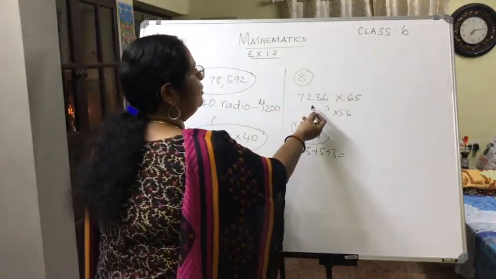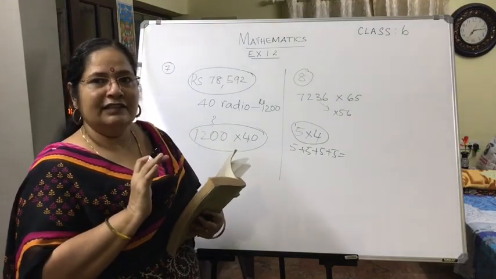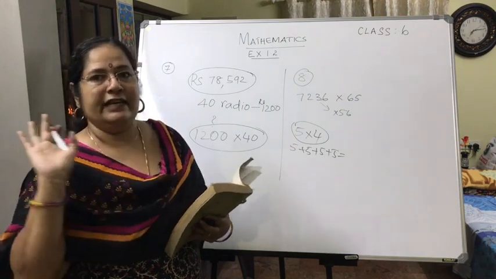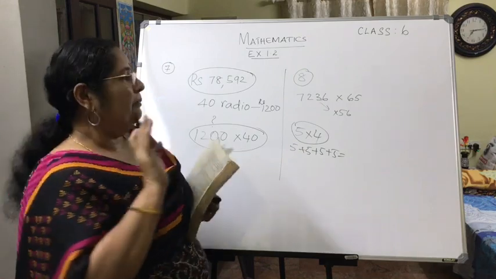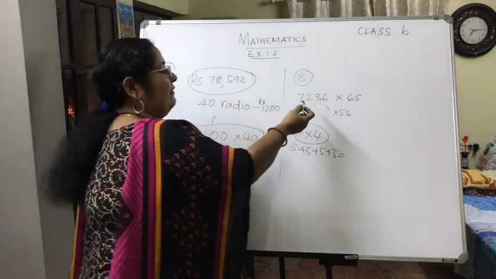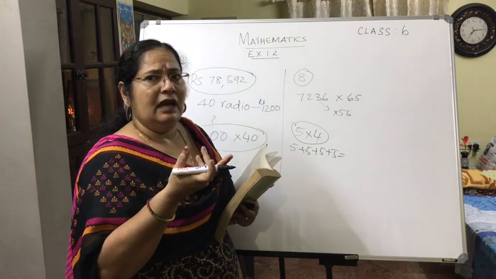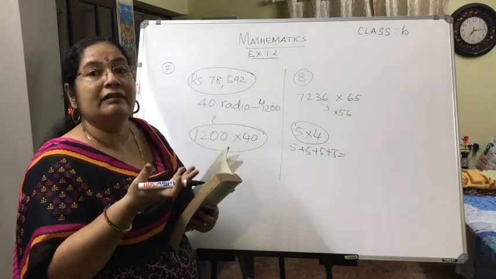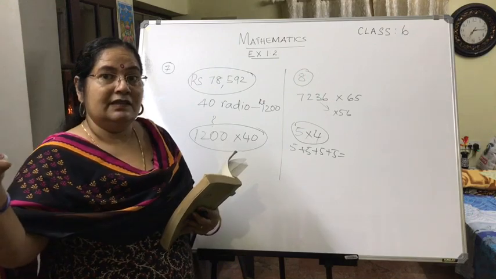So 7236 into 56. What is the meaning of that? 7236 added 56 times. That was supposed to be the answer for the child. But the child multiplied 65 times, means 7236 added 65 times. How many times more did the child add this 7236? 56, 65.